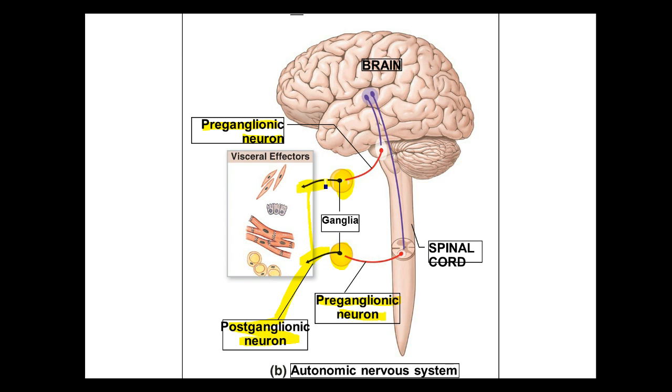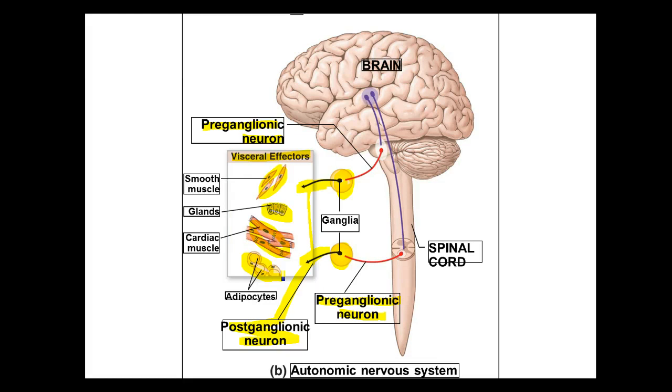Where the pre- and postganglionic neurons communicate is called the ganglia. These second neurons, the postganglionic neurons, are going to travel to the effectors. And as we can see, the effectors are going to be the same as that previous picture: smooth, glands, cardiac, and then specialized cells.